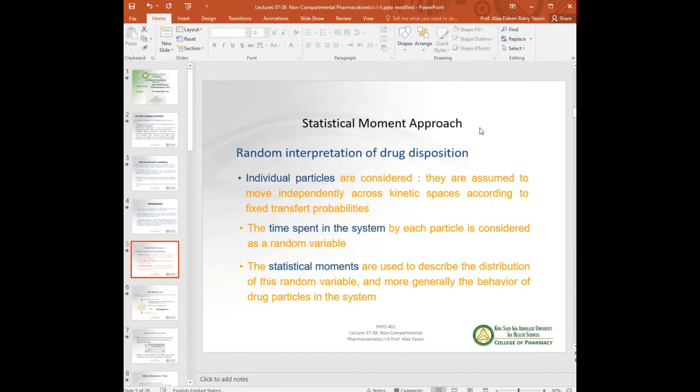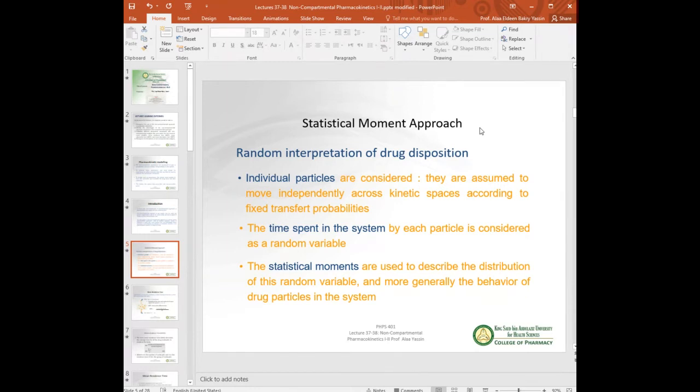Some of them will be eliminated, some will distribute in tissue and return back. So the process depends on something called random motion of these particles.